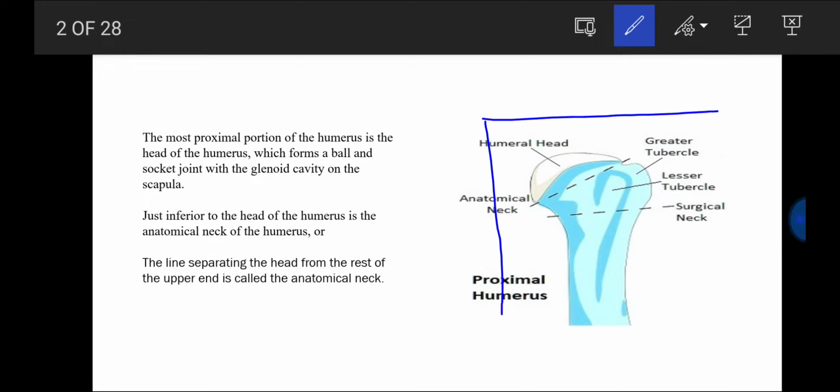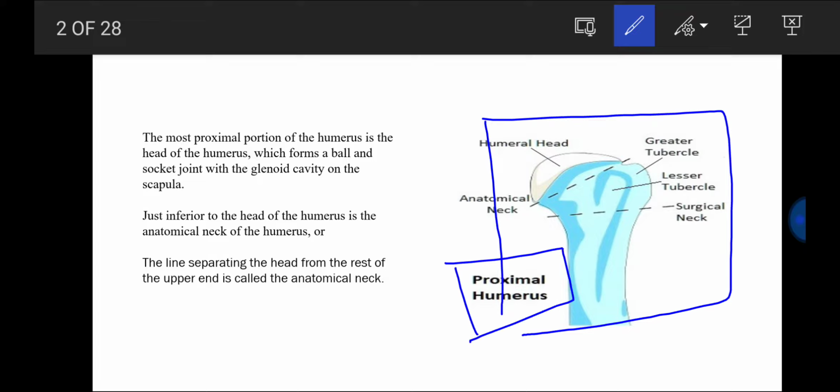Next, the part which we are reading is the upper or the proximal humerus. The most proximal portion of the humerus is the head of the humerus. So here is the humeral head, which forms a ball and socket joint.